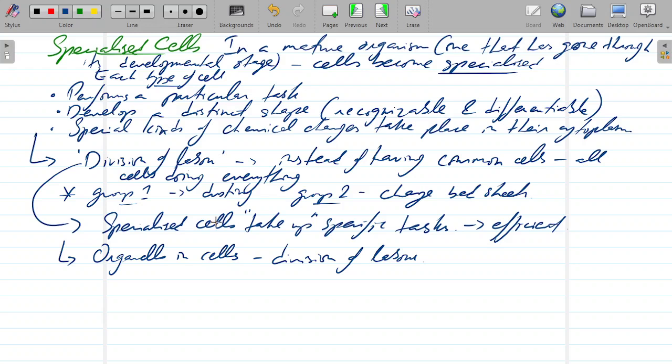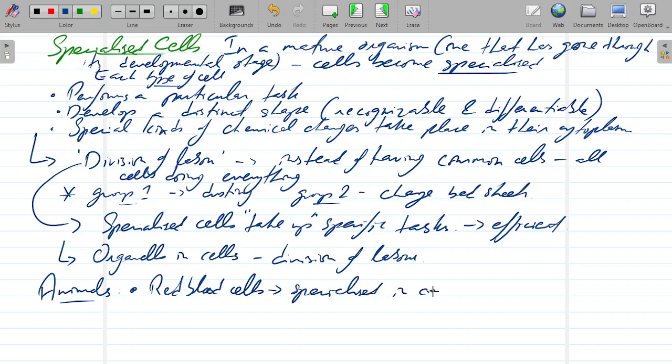Now, what are certain examples of specialized cells in animals? You have red blood cells. They are specialized in carrying oxygen.